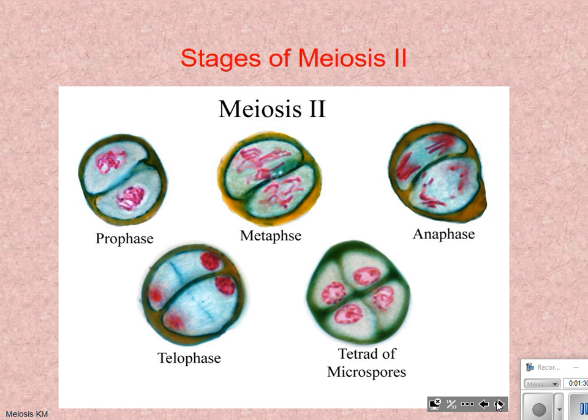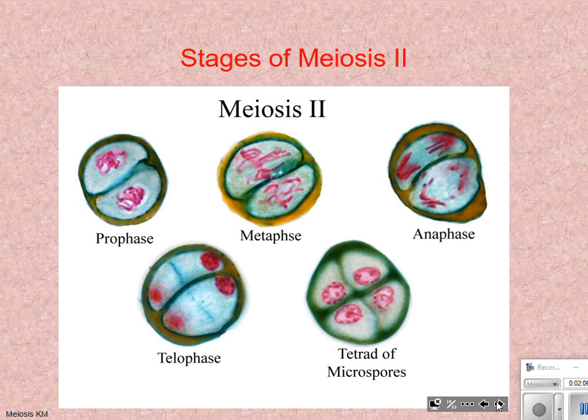So, on page 12 of your interactive notebook, we have the pictures that we're going to end up drawing into the stages. Okay, so our first objective is to identify the stages of meiosis 2. Our second objective is to determine some major processes occurring in those particular stages.